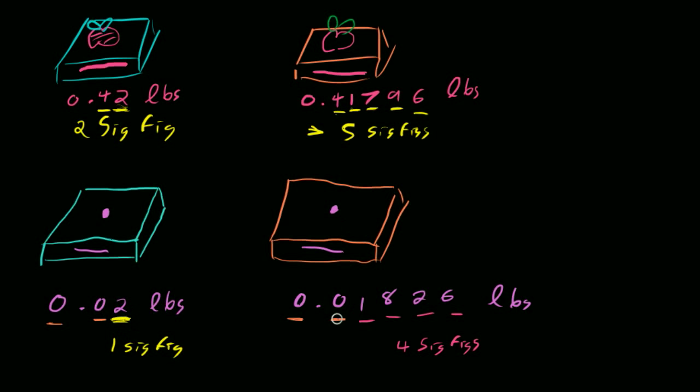So it's not telling us a whole lot of detailed information about how much the grape weighs. These zeros are just there to hold the decimal point.